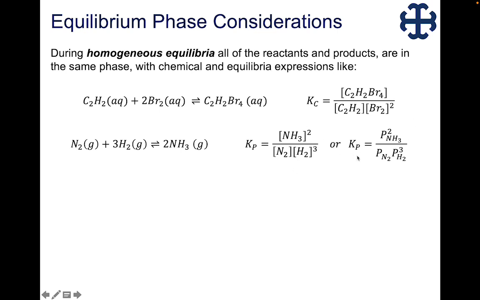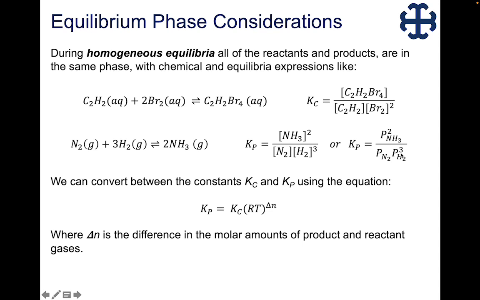We could also report it as Kp, which is our partial pressure equilibrium constant, and so this would be the partial pressure of ammonia squared over the partial pressure of N2 times the partial pressure of H2 to the third, okay? And we can convert between Kc and Kp.